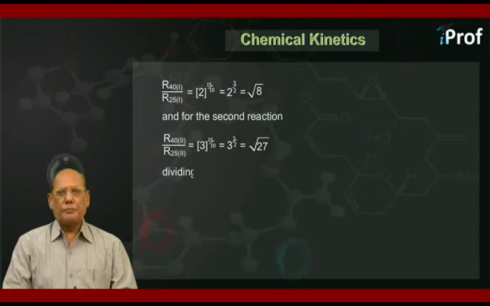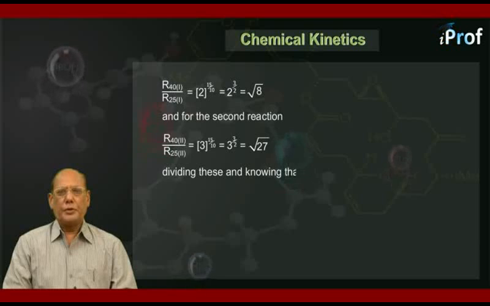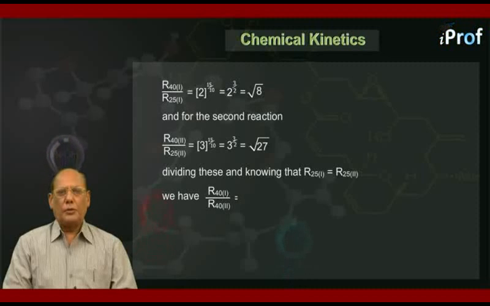Dividing these and knowing that R25 first is equal to R25 second, we have R40 first upon R40 second equal to under root 8 upon 27. So that becomes the answer of this question.